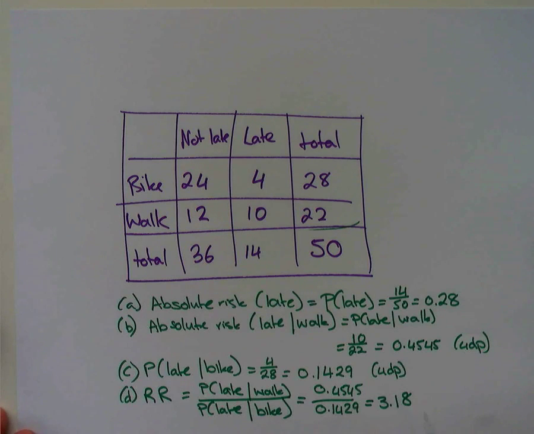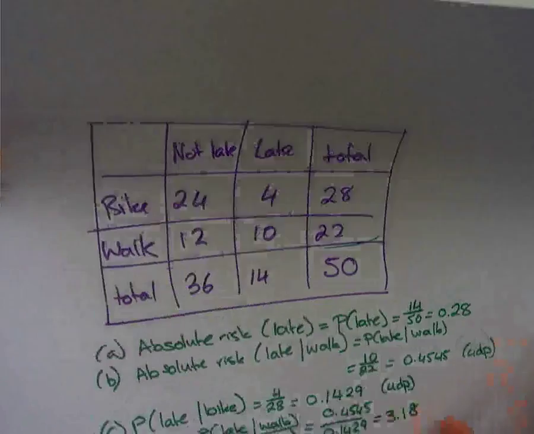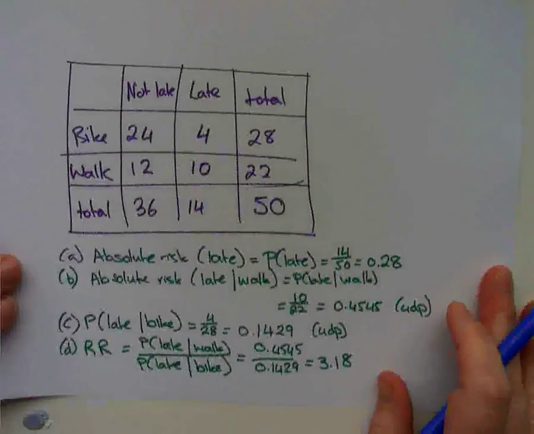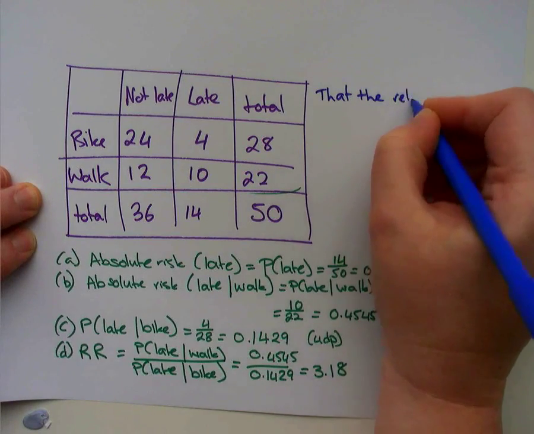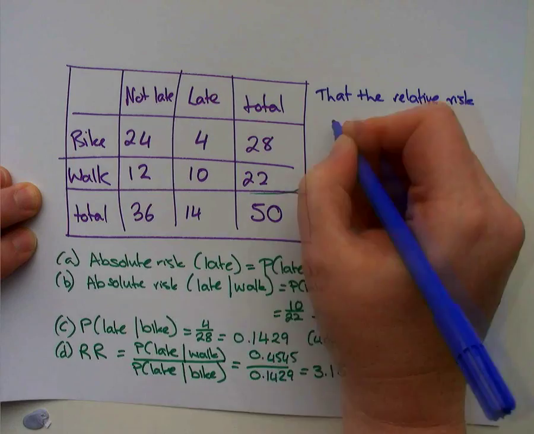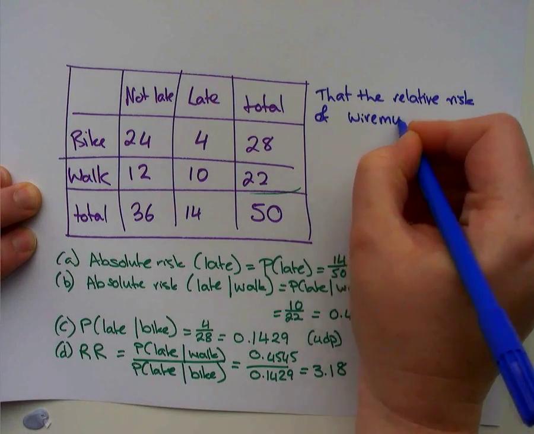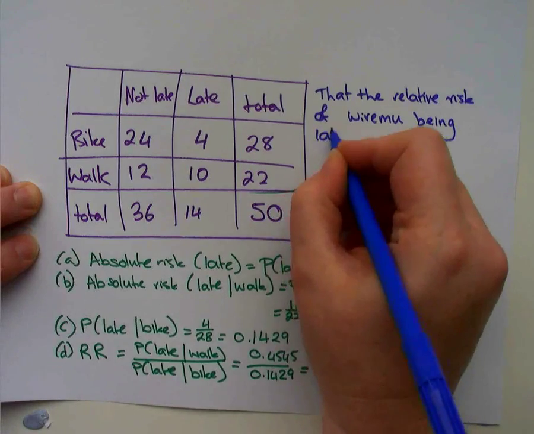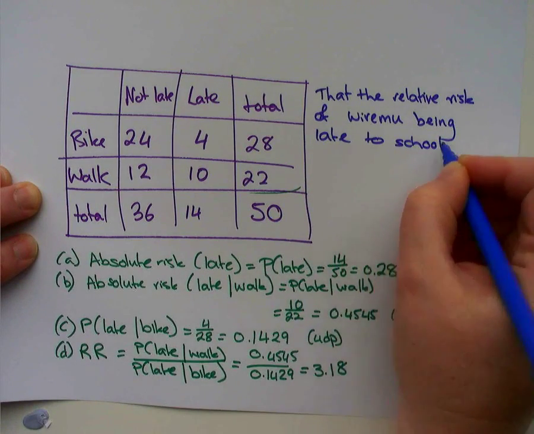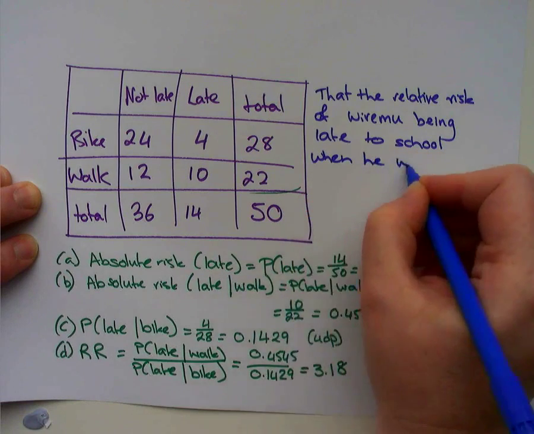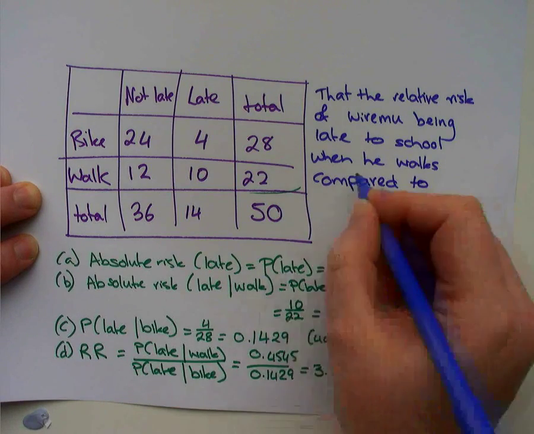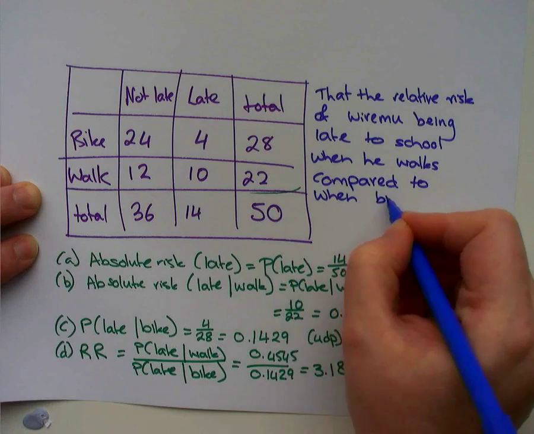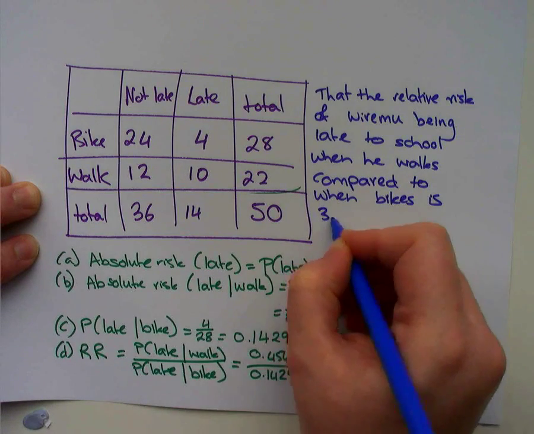Okay? So we want to be able to say that the relative risk of Wiramu being late to school when he walks compared to when he bikes is 3.18.